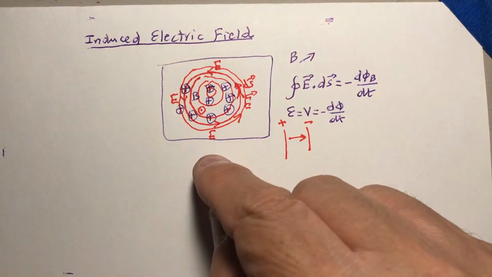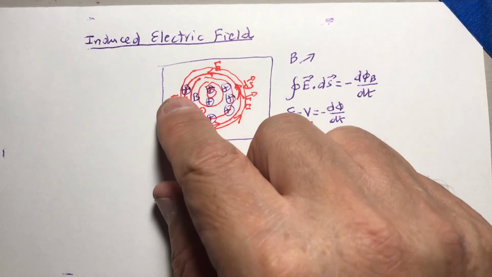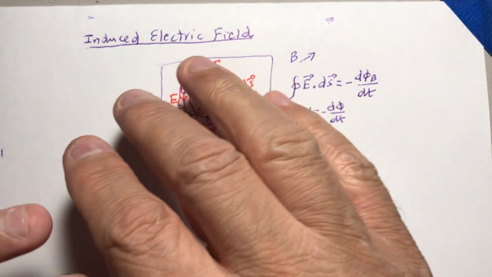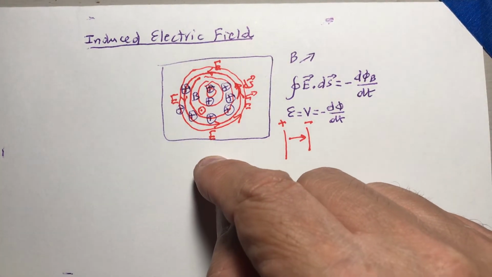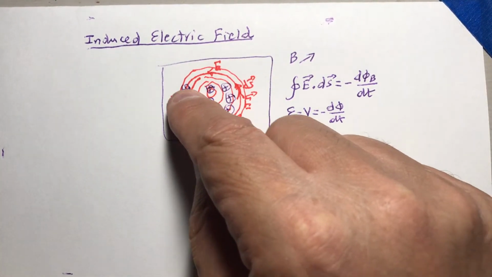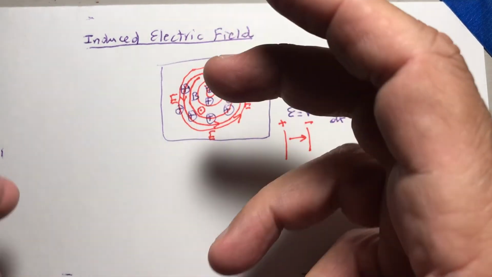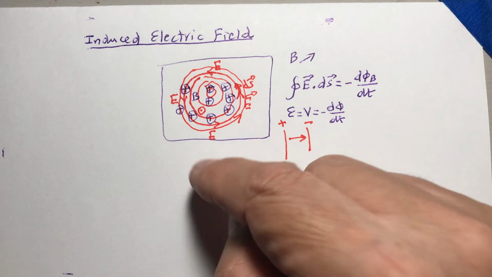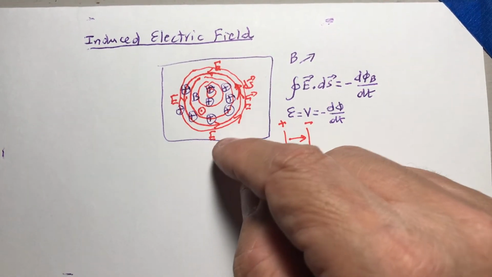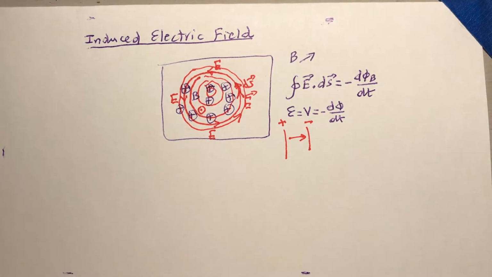So before, when we had just a constant magnetic field, there was no electric field in space at all. And now we put in a magnetic field and increase it, and then we get an electric field in space. So a change in magnetic field creates an electric field.